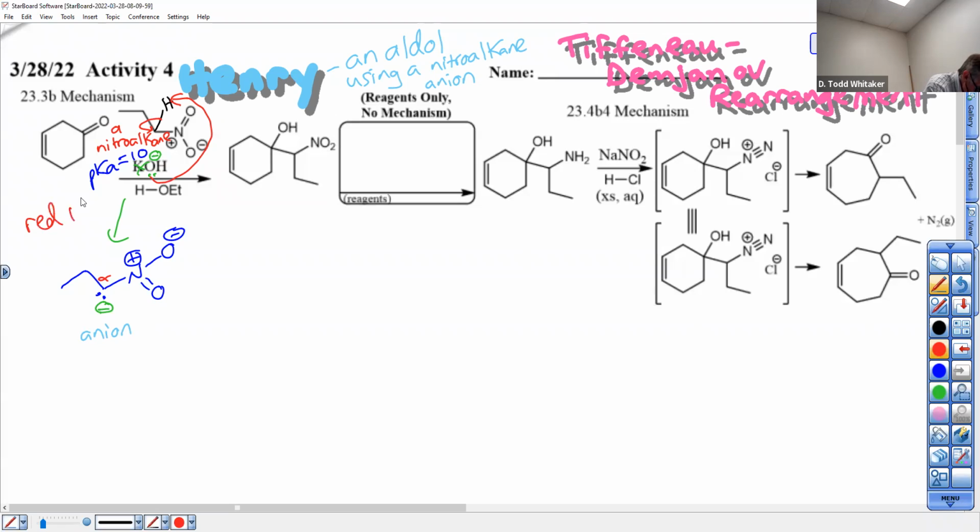Red first, blue second. Attack carbonyl, make sigma. Very exciting stuff. Second step, O- becomes OH. It picks up a proton from the solvent. Done. There's the done.